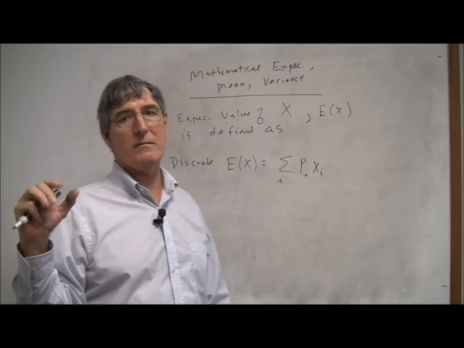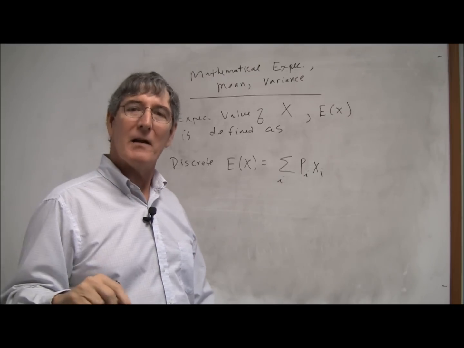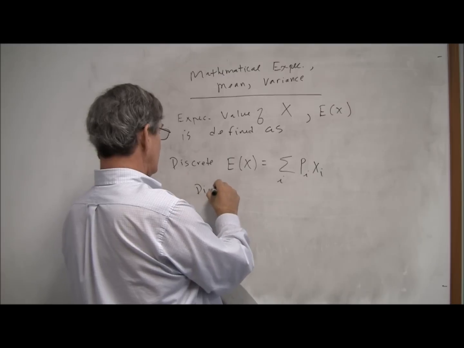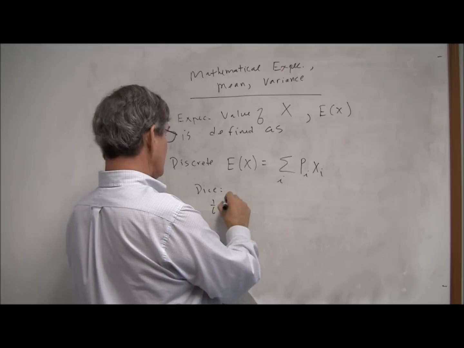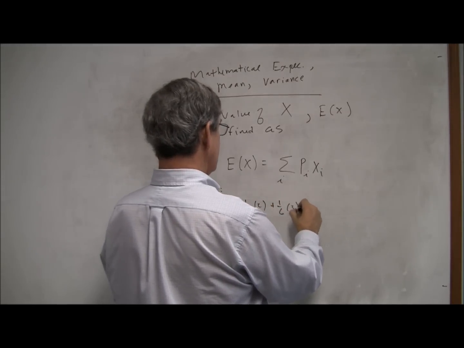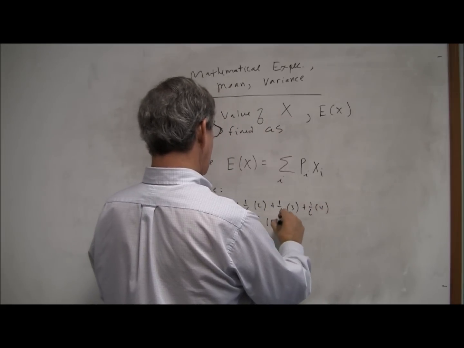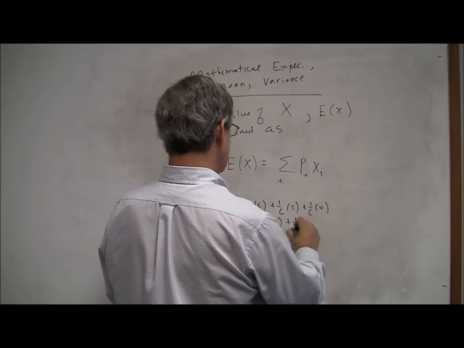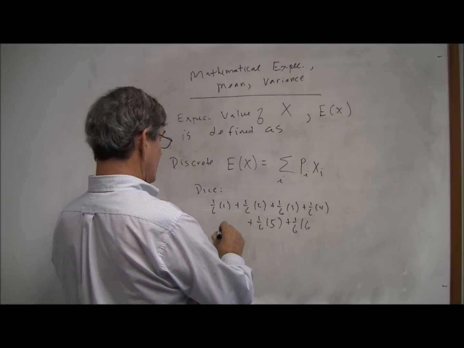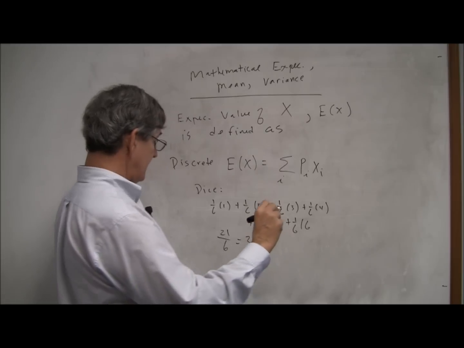What would that come out to? It'd be the midpoint there, right? So that's 1 plus 2 plus 3 plus 4 plus 5 plus 6, which is 21 over 6, which is 3.5.